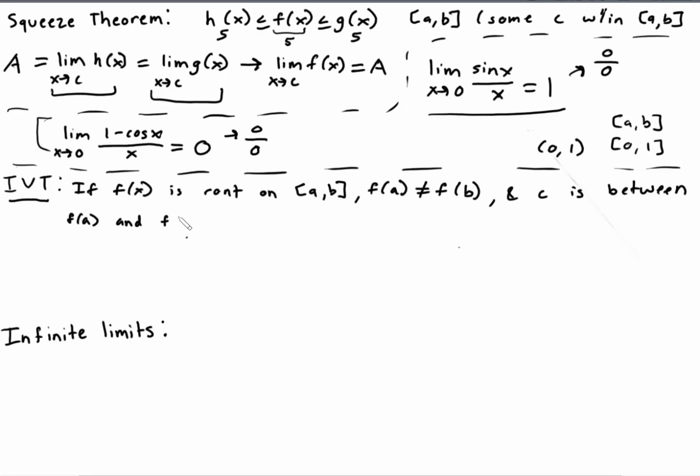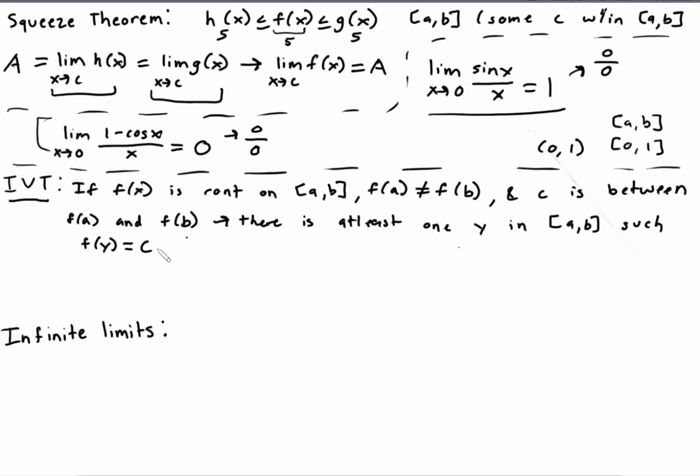If these three conditions are fulfilled, then we're going to know that there is at least one number, we'll call that y, at least one y in this interval a comma b. Keep in mind that this has to be the closed interval, such that f of y is going to give us the c value.